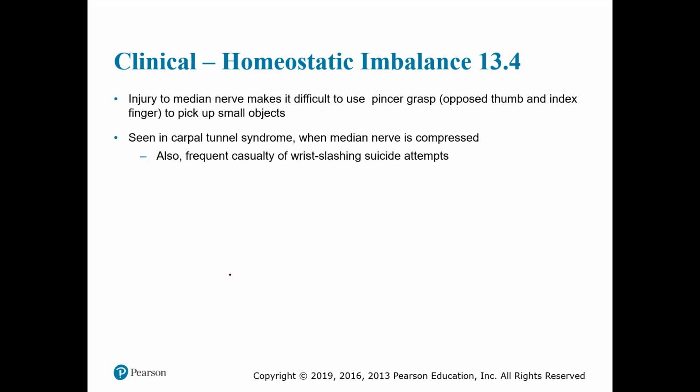Carpal tunnel syndrome, again, that has to do with the median nerve compression, which is an extension of the brachial plexus. Right, of course, slashing it or injury to the wrist.